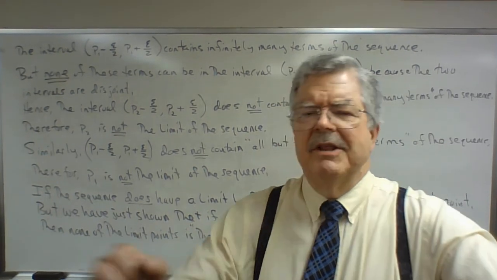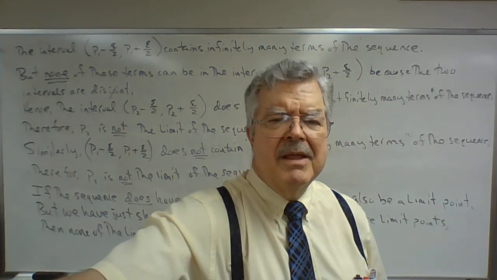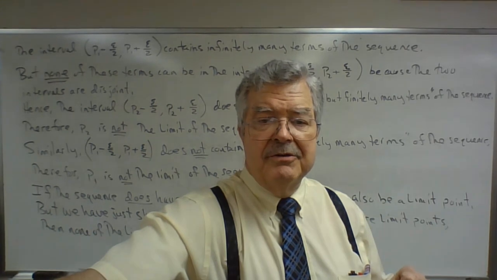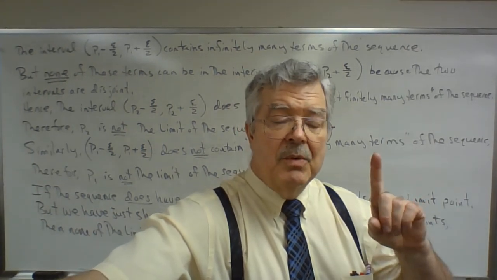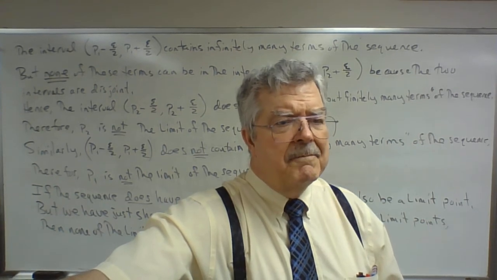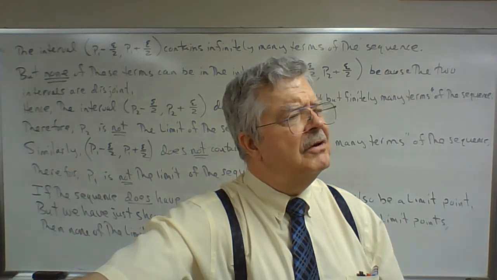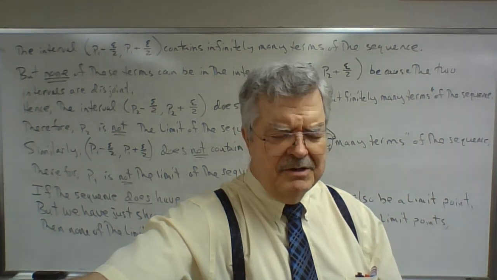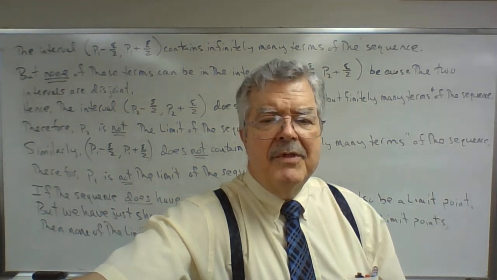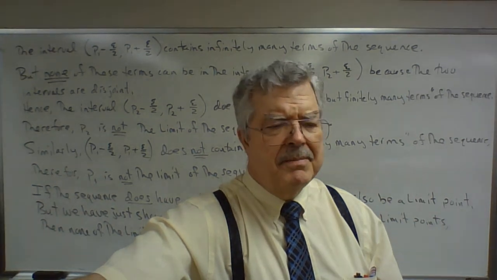Is it necessarily true, though, that if a sequence has exactly one limit point, that the sequence converges? If the sequence converges, then the limit of that sequence is the one and only limit point of that sequence. But if the sequence has one and only one limit point, does that necessarily mean that the sequence converges to that limit point? That's a great question, and it's not an obvious question.